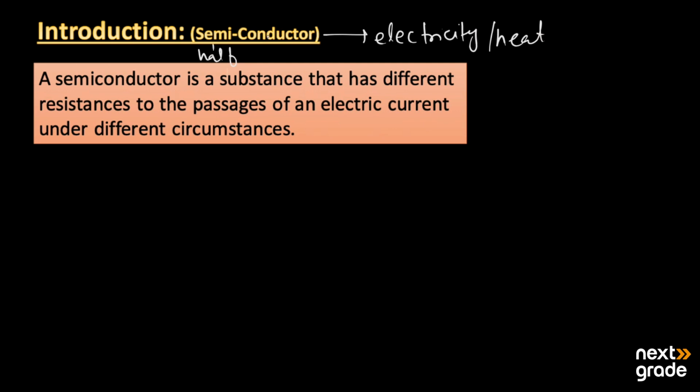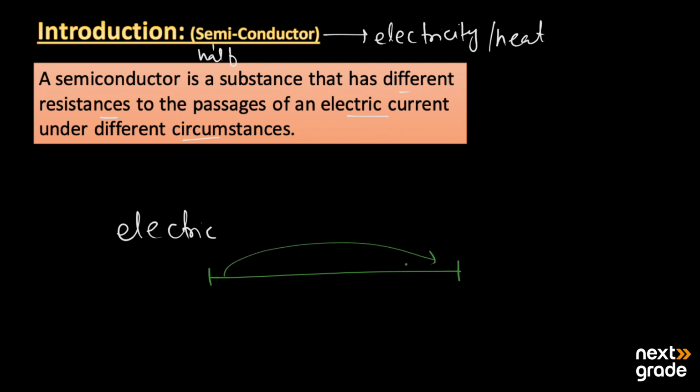Now by definition, a semiconductor is a substance that has different resistances to the passage of an electric current under different circumstances. The simple way to say it is a substance having different resistance. The word resistance may be new to you. Basically, resistance means that if we have an electric current and want to pass it from one junction to another, how could it be passed?